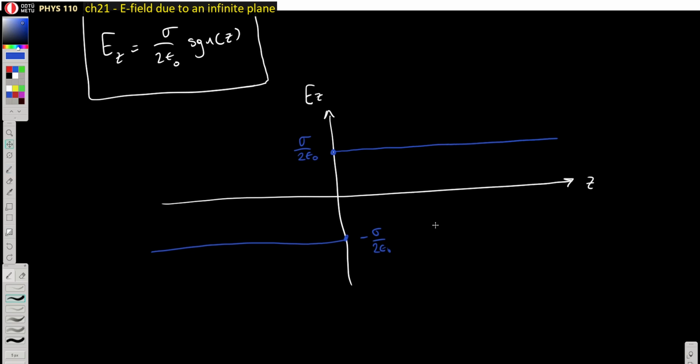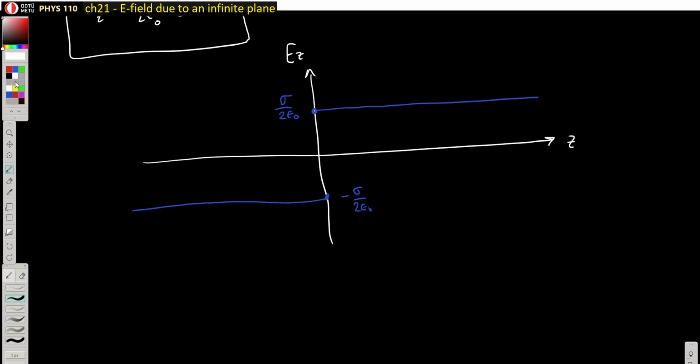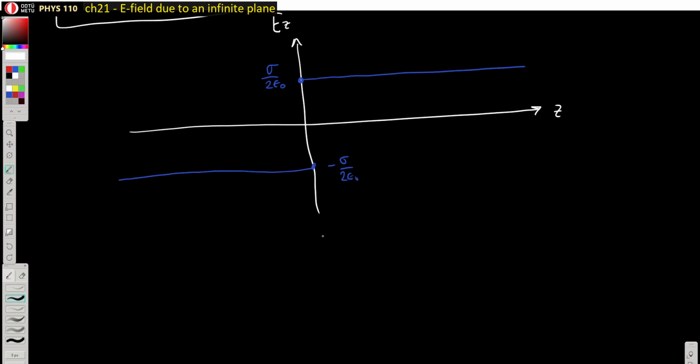Let me also do this for the physical picture. If my plane is in here, with surface charge density sigma, what I'm saying is that the electric field on the right side of the plane is uniform, and it has a magnitude of sigma divided by 2 epsilon 0 in the direction in which you are moving away from the plane.